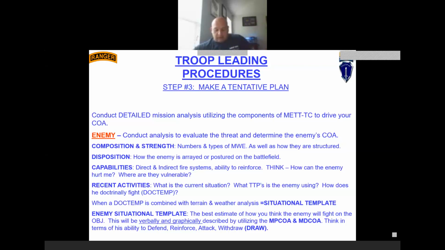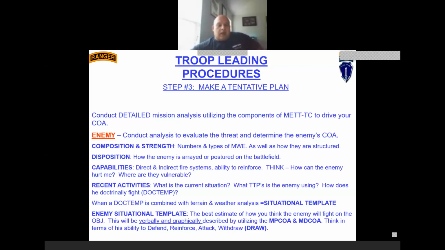Situation template: identify how the enemy positions fighters and arranges weapons and resources, and analyze the terrain and weather against the higher headquarters' assessment, known as a SITTEMP. This is the best estimate of how you think the enemy will fight on the objective.